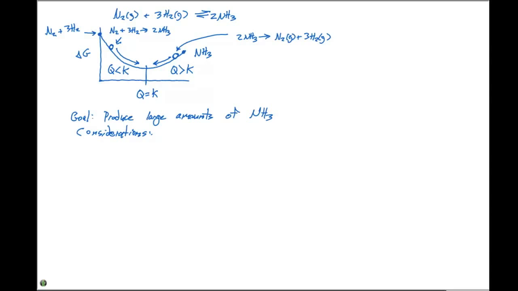In this particular process, our delta G, or our delta G naught, is negative at low temperatures. So what this tells us is that if we plot energy on the y-axis and reaction progress on the x-axis in our energy reaction diagram, our reactants are going to be higher in energy than our products.